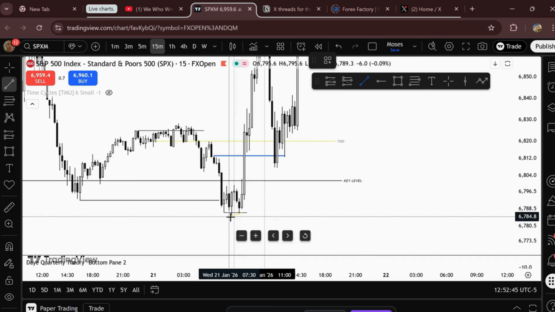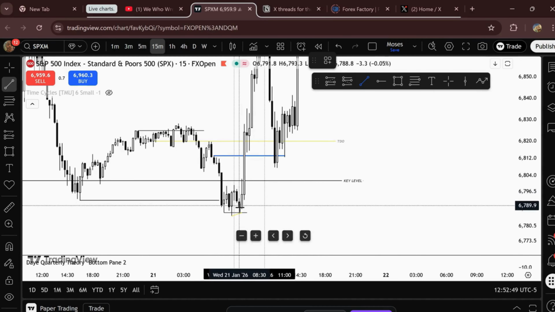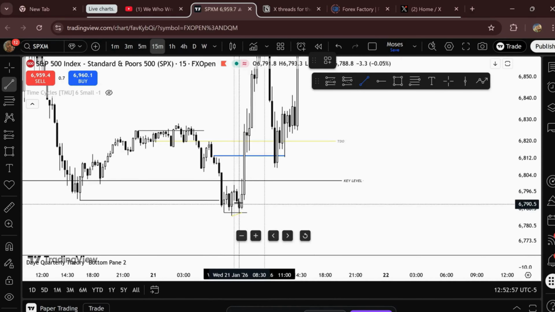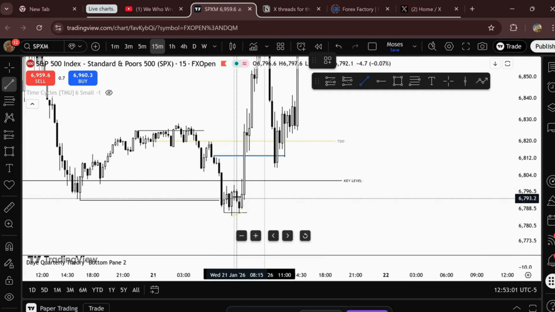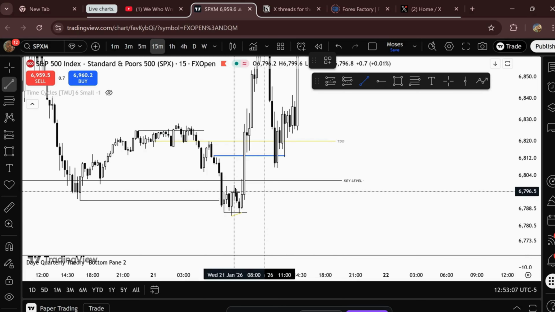What is a failure swing? This price action here was meant to take out the sell side liquidity resting below this low. But as you could see, price did not take it out, which could have created an SMT on the other pairs that are correlated with the SP 500.